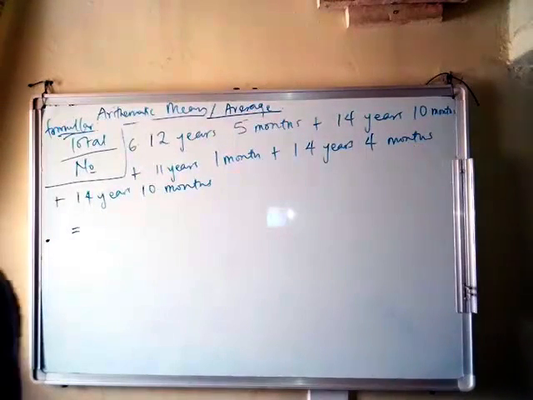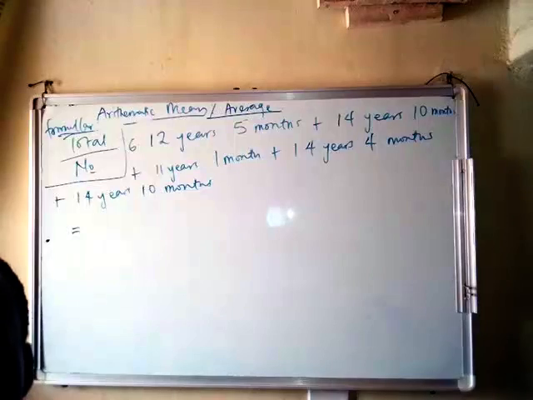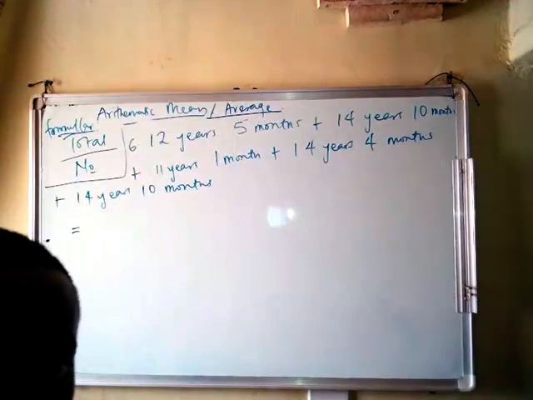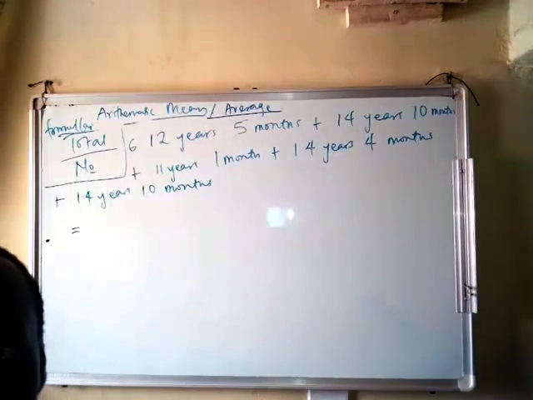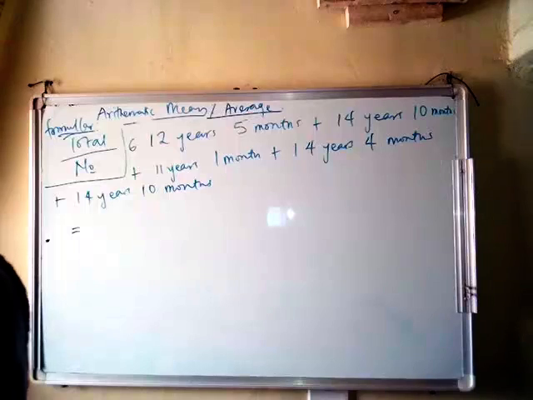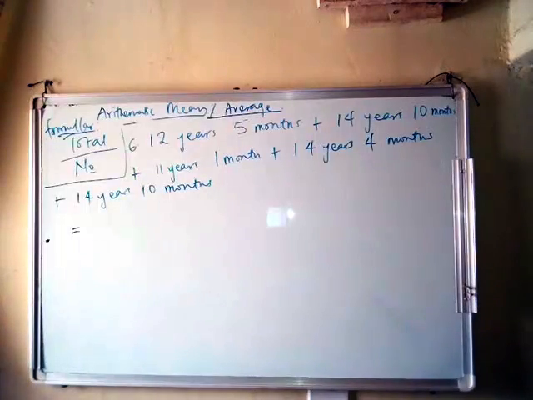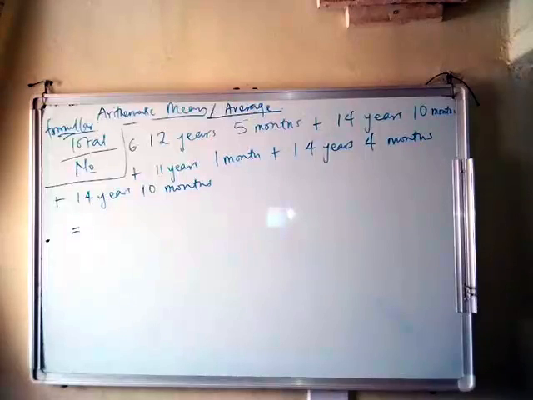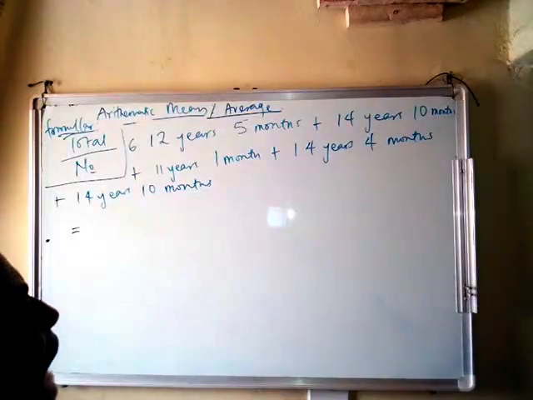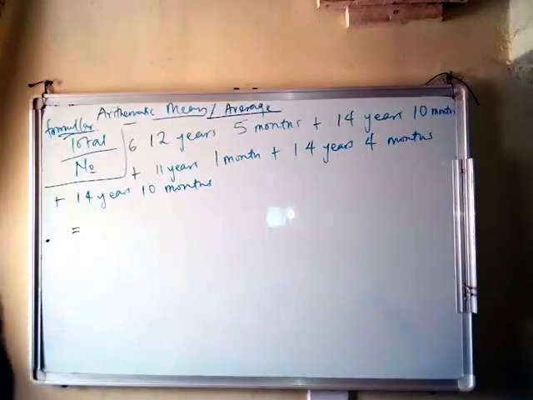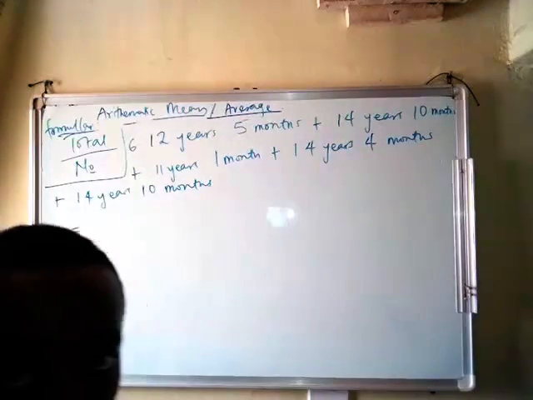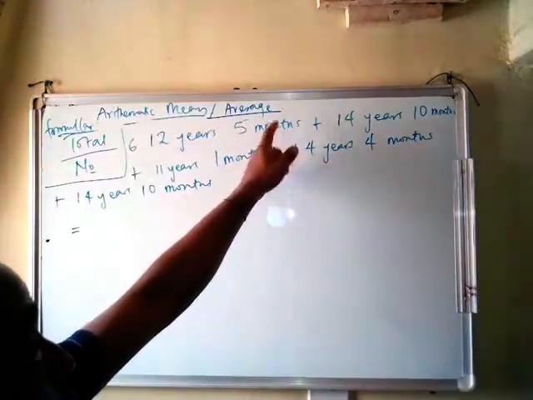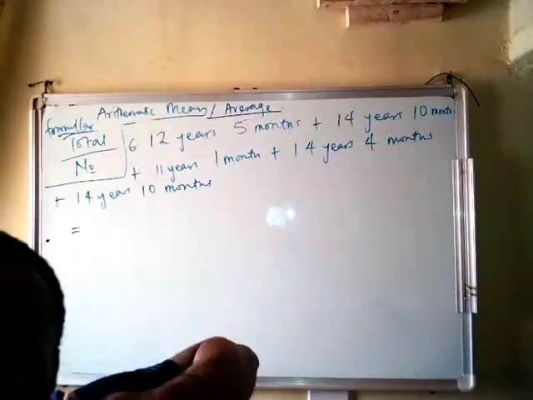So let's see how we can do that. So we can do that by what I call the manual process, or the step 2 could be turning them into decimal places. But let's start with the first style, which is the manual process. So as the name implies, we are going to first of all add the months first. So add the smaller unit, which is months.